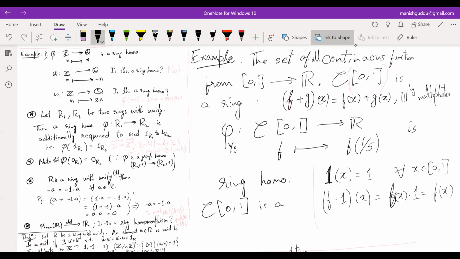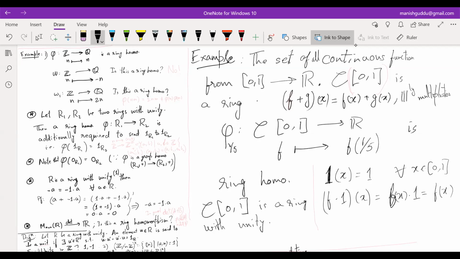C[0,1] is a ring with unity. It's also a commutative ring because the operation f plus g is the same as g plus f. So it's a really nice ring in some sense. It's not as nice as some of the other rings we'll study, so we won't study these kinds of rings that much, but still it's a reasonably nice ring.